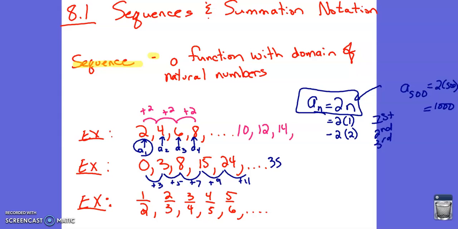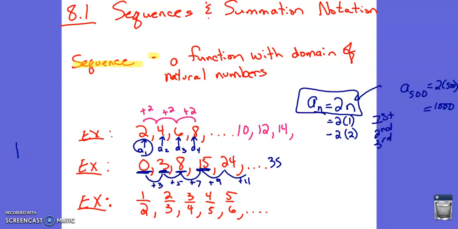But what if I ask you to find the 100th term or the 500th term? What we want to do is find a function that represents this. Again, keep in mind, this is A1, this is A2, this is A3, A4. So you'll have to come up with a sequence that represents this. Notice the first term, this is A1. How can 1 go to 0?